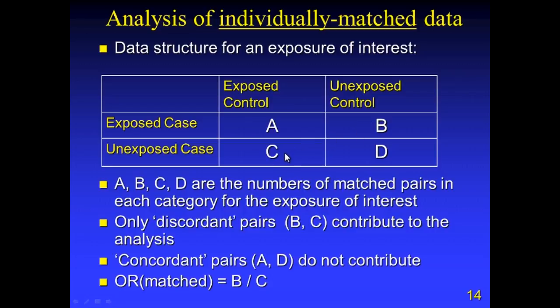It's actually only the discordant pairs, where there's a difference, that contribute to the actual data analysis. So our odds ratio is not AD divided by BC, as it would be in a frequency matched sample. It's B divided by C, the numbers of discordant pairs.